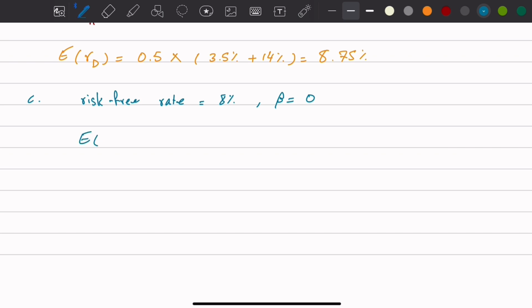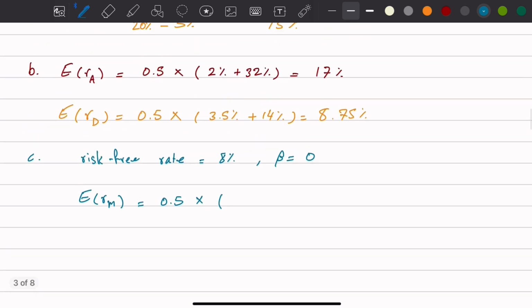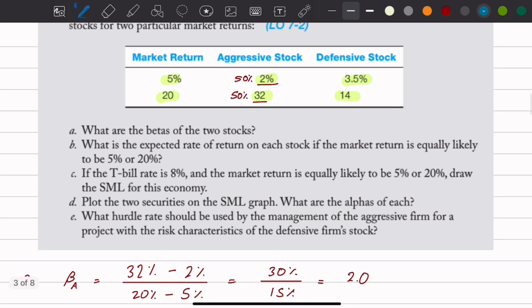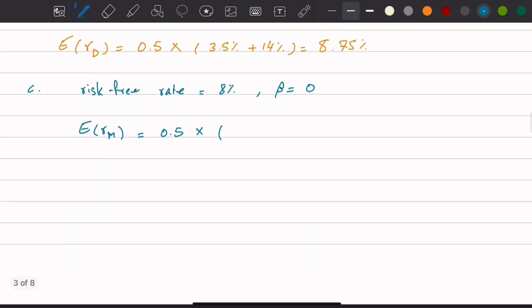For the expected return on the market, we'll do similar to what we've done in part B, but this time for the whole market. So we know that there is a 50-50 chance, so 0.5 multiplied by 5% plus 20%.